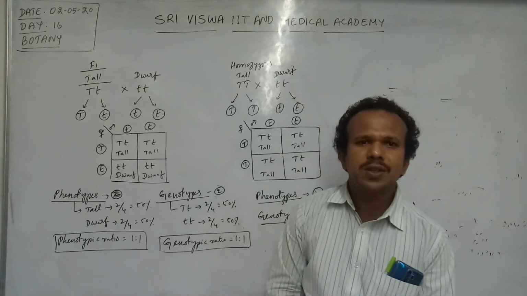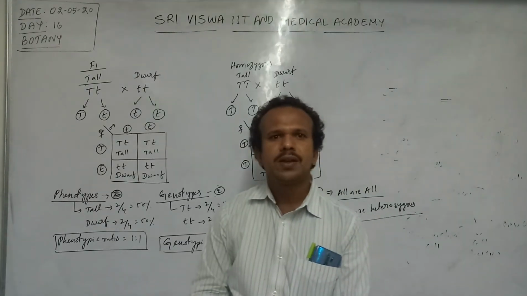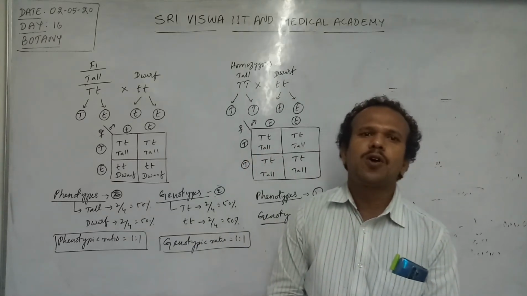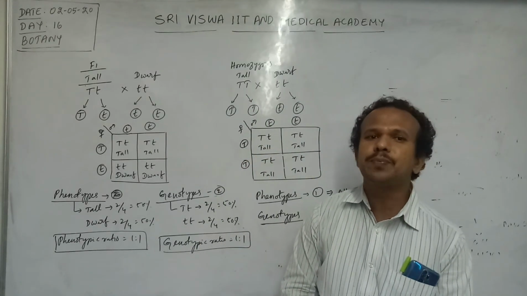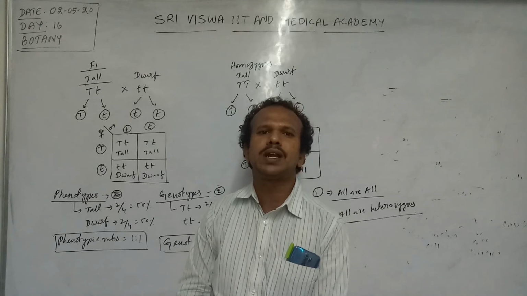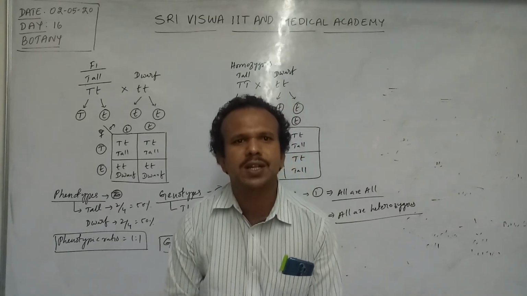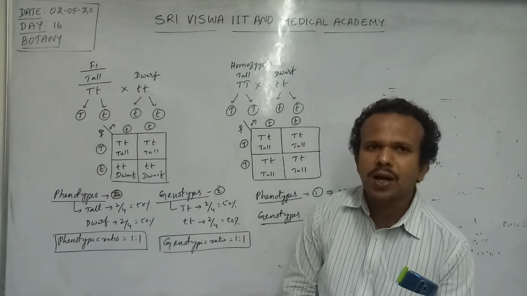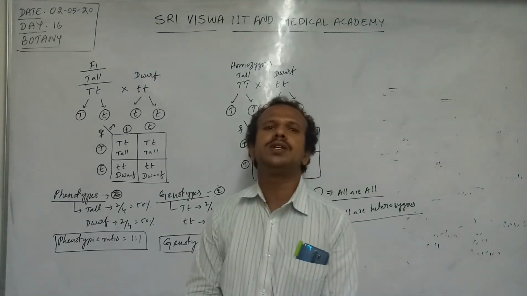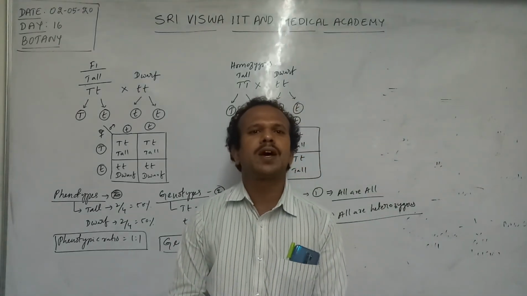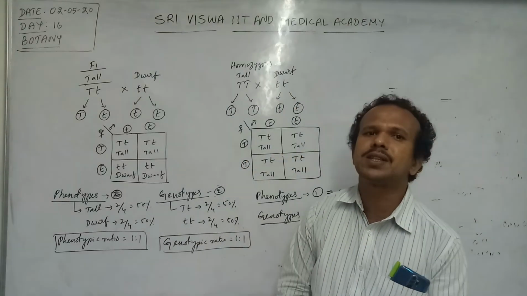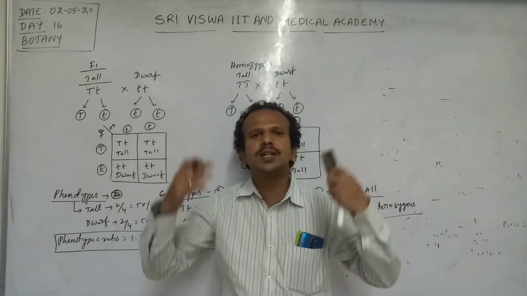This test cross was for the first time developed by Gregor Johann Mendel to test the purity of the dominant individual, to test the purity of the tall individual formed in F2 generation, because there is complexity with reference to the tall plants produced in F2. Two types of tall plants are produced, one homozygous tall and another heterozygous tall. These two are externally same.